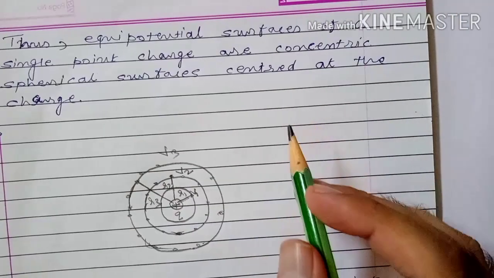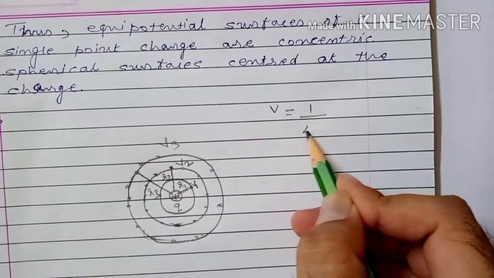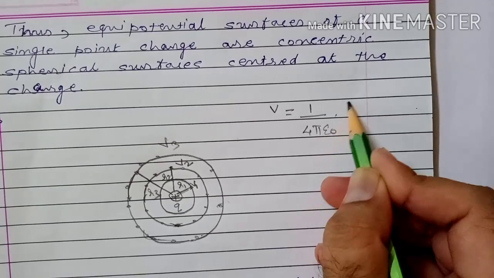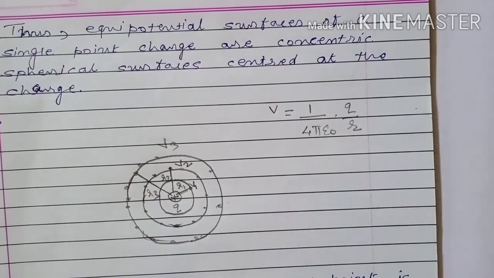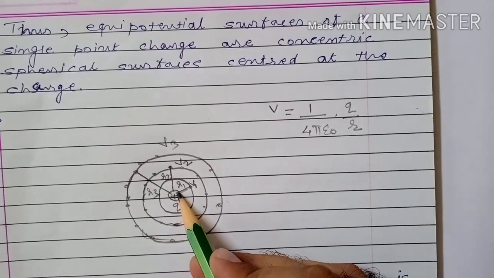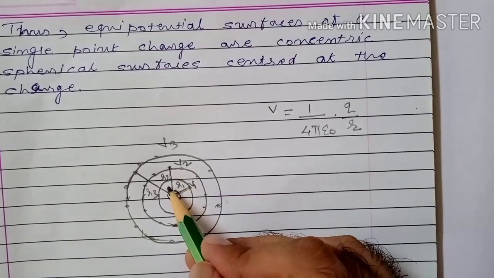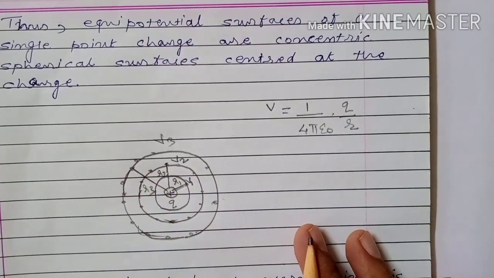We know the formula of electrostatic potential due to a point charge: V is equal to 1 upon 4 pi epsilon naught into charge upon distance. For the first sphere this r is R1, for the second sphere R2, and for the third sphere R3.